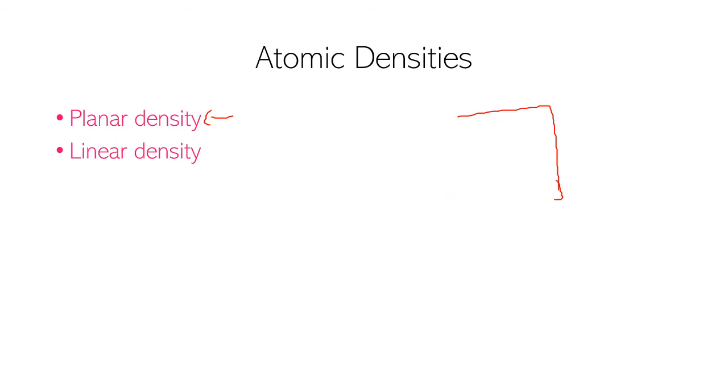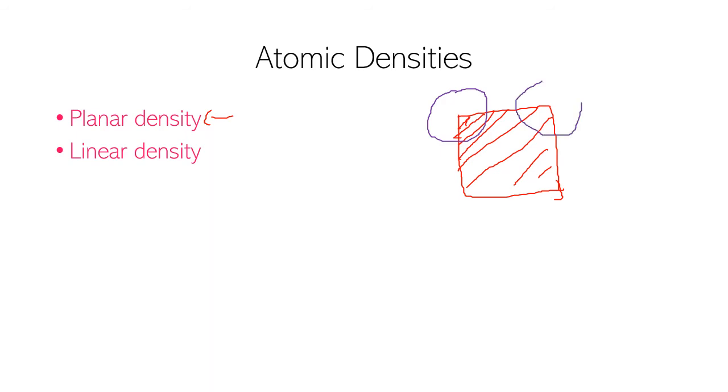So that is the area of the plane, and let's say that in this particular plane of a certain crystal unit cell, there are only four corner atoms and no face centered atom.